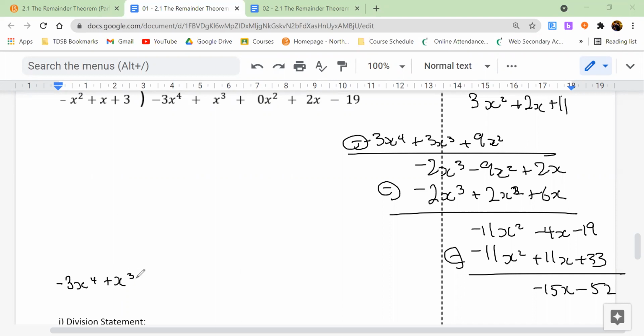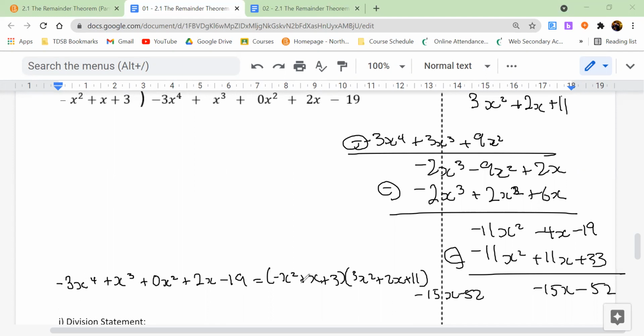Plus x cubed is equal to, this is a divisor, this is the quotient, and this is the remainder. I know it's a long one.